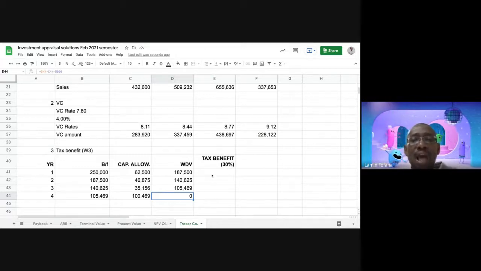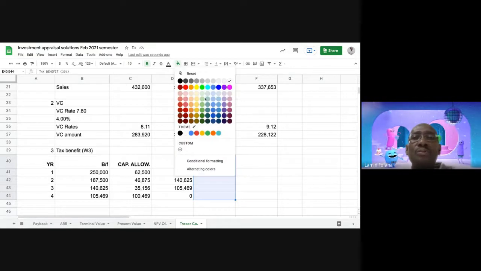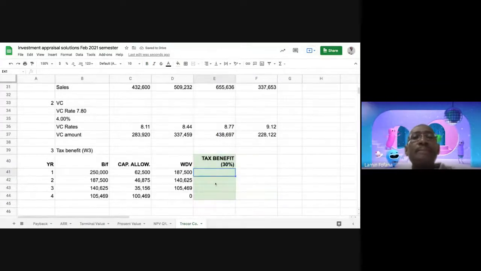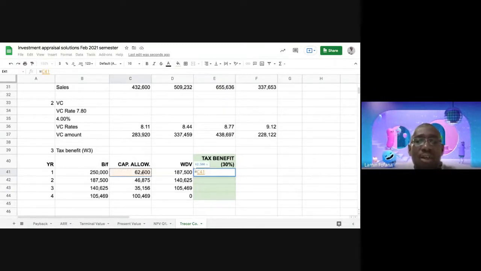Okay. So now, what interests us is our tax benefits. So in fact, I'm going to color them. How are we going to calculate our tax benefits? It is going to be our capital allowances here multiplied by our tax rate, which is 30%.